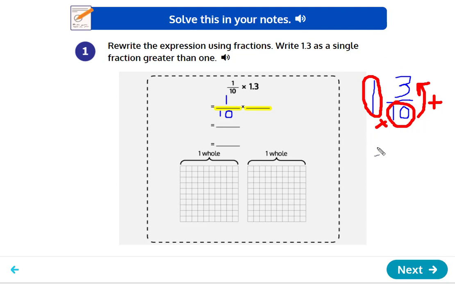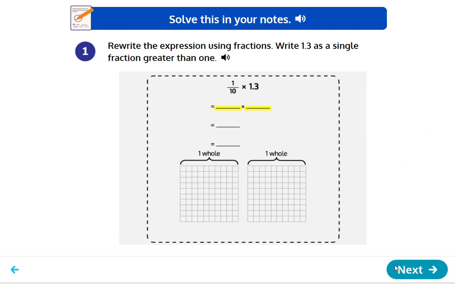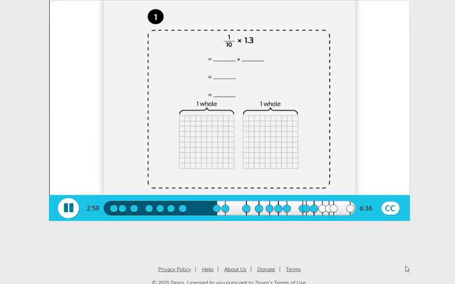So it becomes 1 times 10 is 10 plus 3 is 13 tenths. So 13 tenths. Okay? 1 3/10 is equal to 13/10. So I'll rewrite the expression like this. 1/10 times 13/10. Check your work.